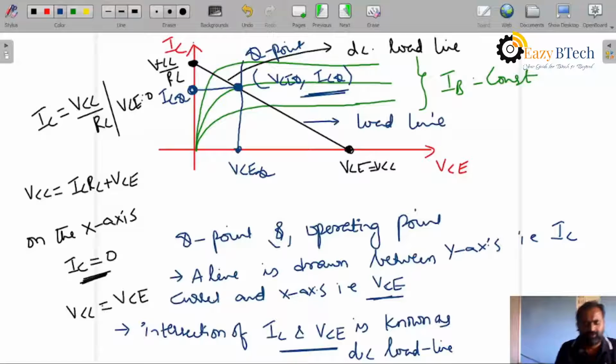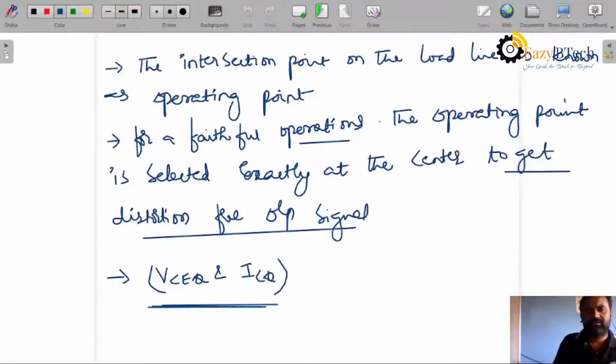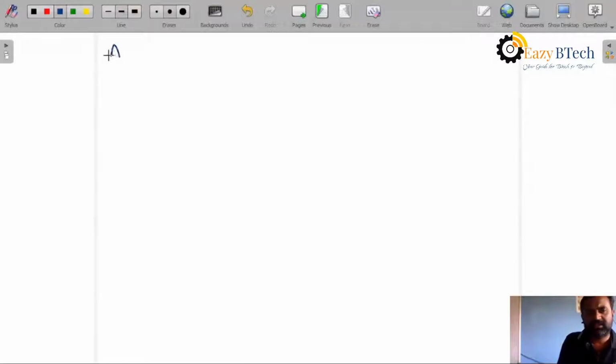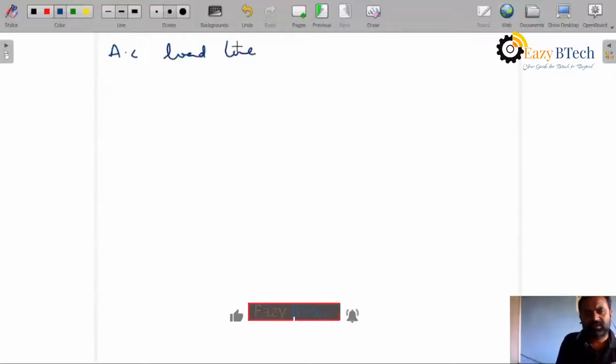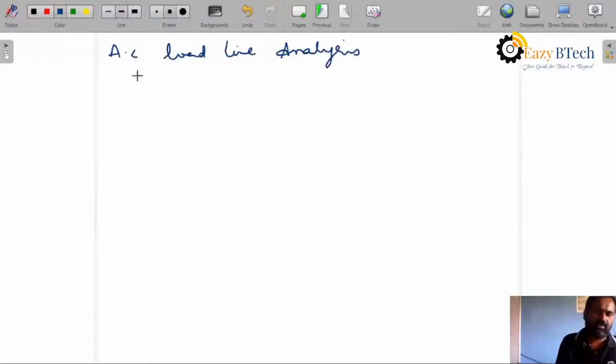Similarly, for an AC supply, if you draw an AC load line, for AC load line analysis, in the same manner, we can draw the structure.